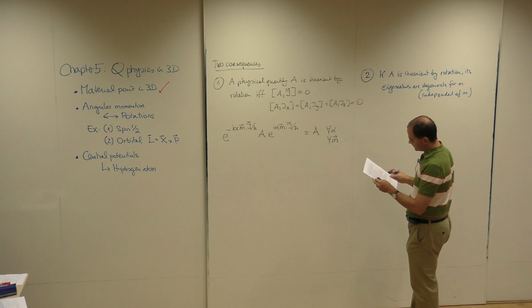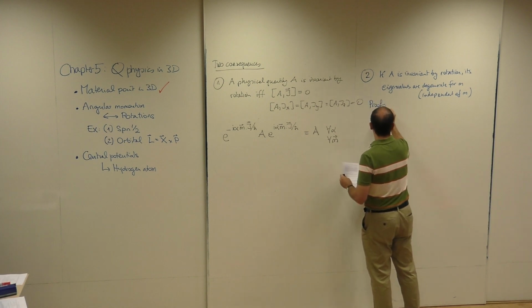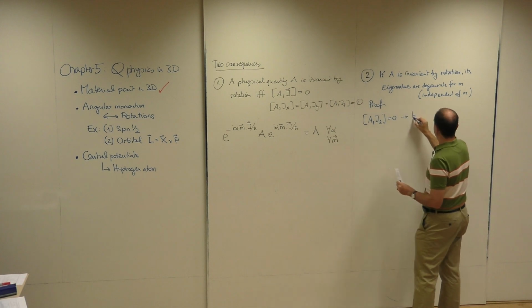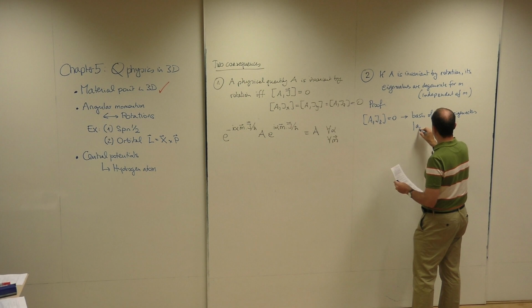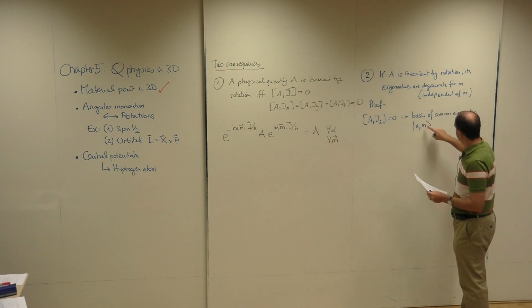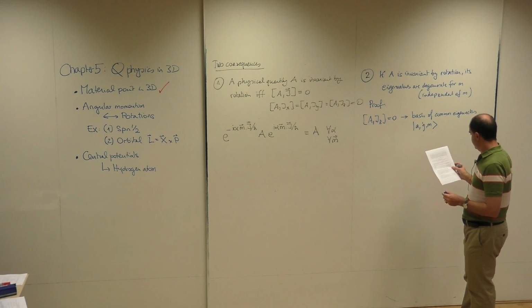The proof. So A is invariant by rotation, therefore in particular A Jz is equal to 0, and so we have a basis of common eigenvectors. Let me denote them by A M. Actually, I could even put A J M for every single J, right?